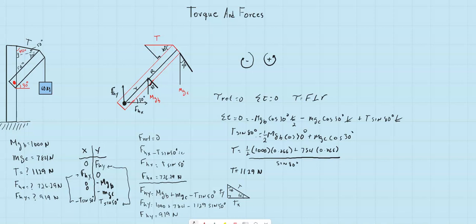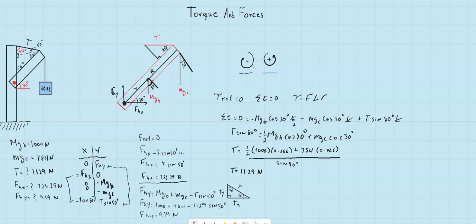Find your perpendiculars so you can find your torque, and then just go ahead and begin writing. Set your rotations, clockwise negative, counterclockwise positive, so you can end up with the right values.